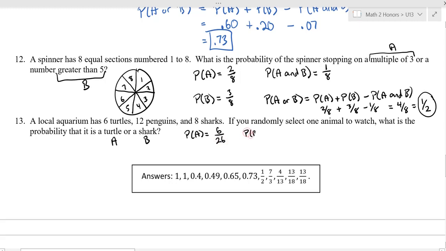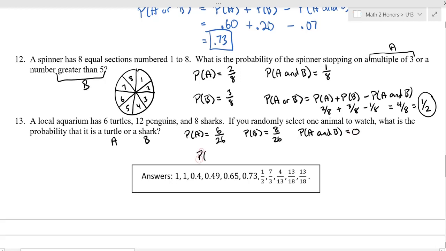Probability of B here would be 8 sharks out of 26, and the probability of A and B, that would be, if I'm picking one animal, what's the probability it's both a turtle and a shark? Not going to happen. So 0, which means these are mutually exclusive.